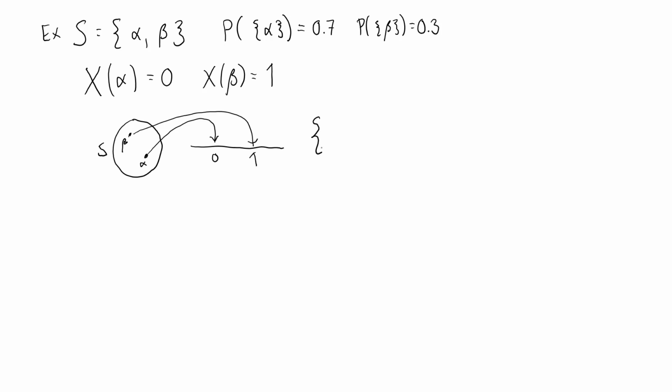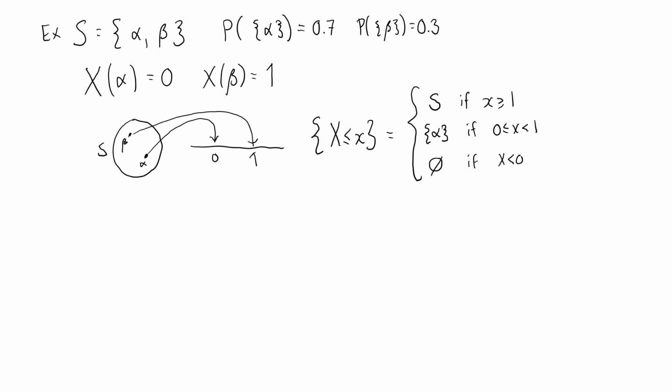So if we consider this event, X less than or equal to x, this event will become the entire sample space if lowercase x is greater than or equal to 1. Both alpha and beta are mapped into a number less than or equal to 1. It will become the event consisting of only alpha if x is greater than or equal to 0 but strictly less than 1. And it will become the empty set if x is less than 0.